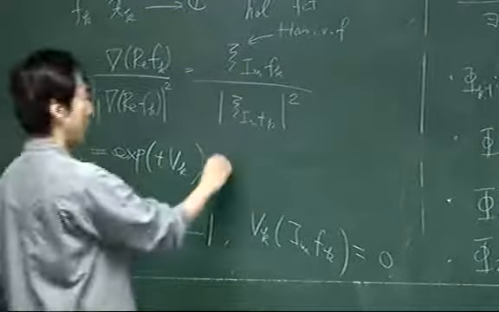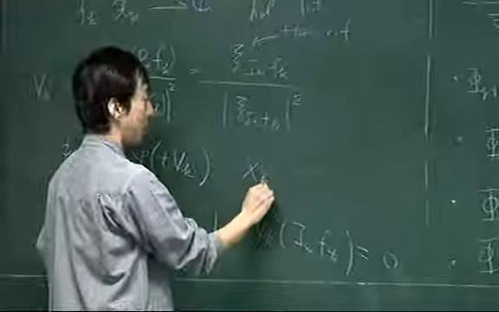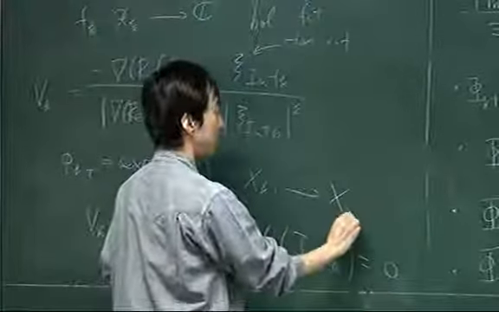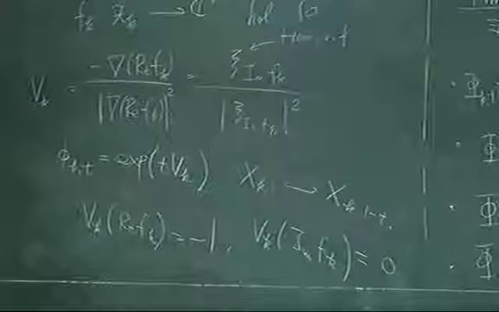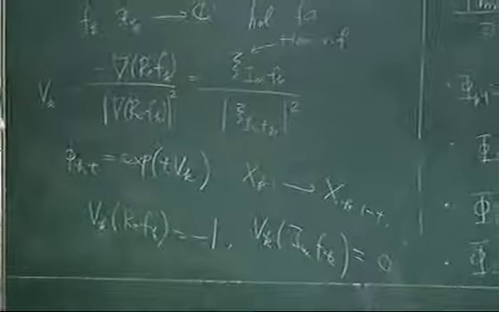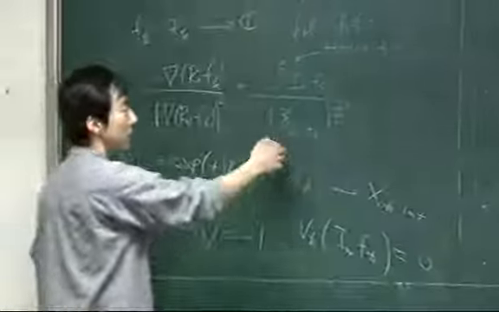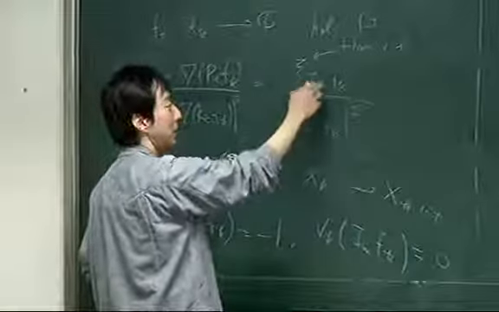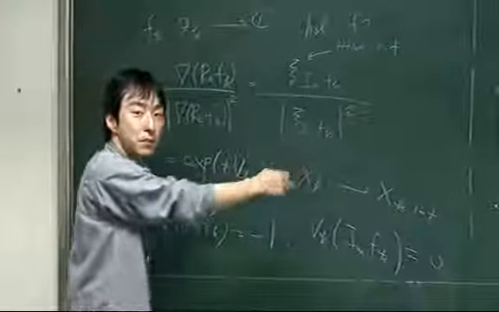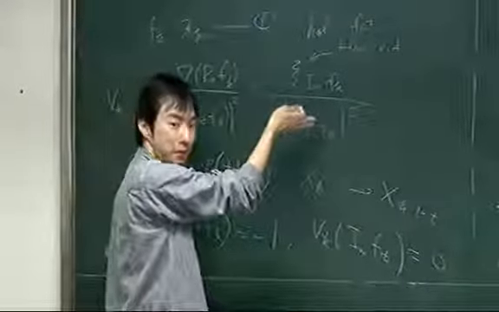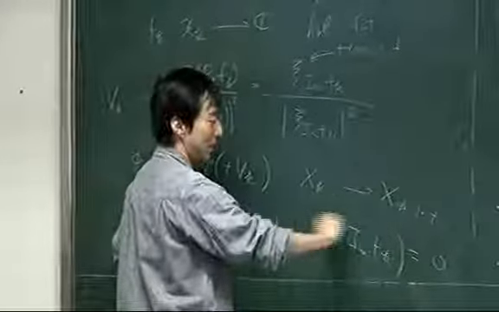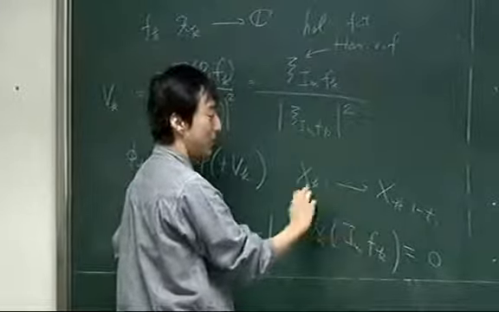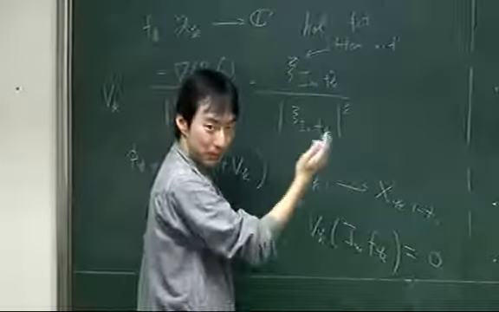So this map sends xk1 to xk1 minus k. And we divide the Hamiltonian vector field by this norm. So this is not the Hamiltonian vector field, but we can show that this map preserves the symplectic structure on each fiber.